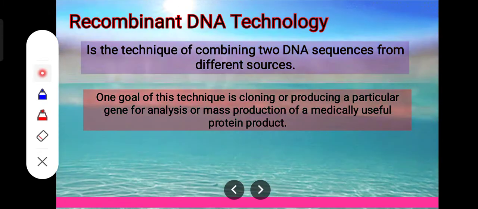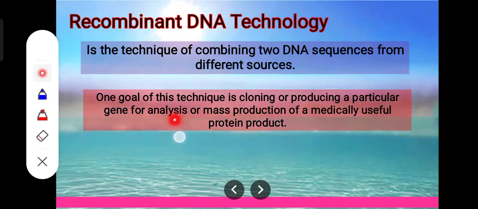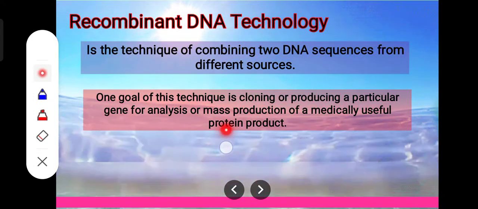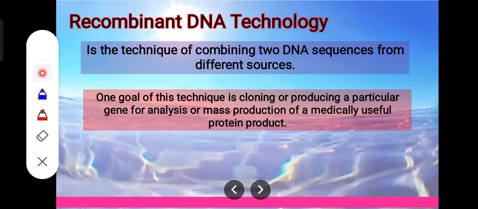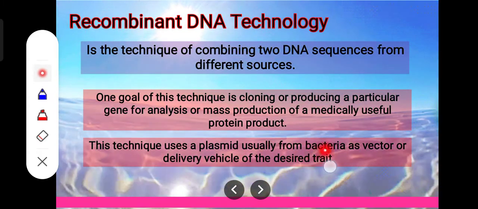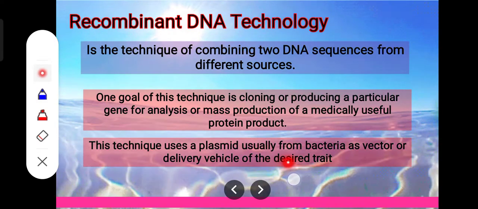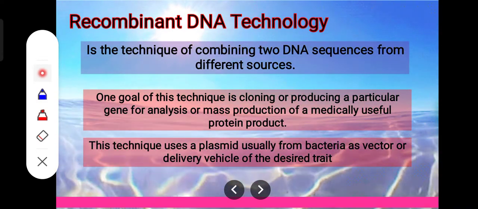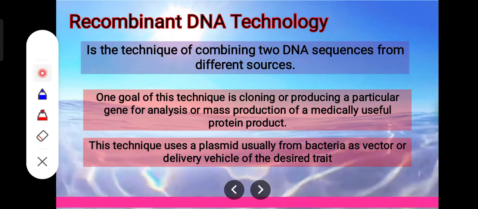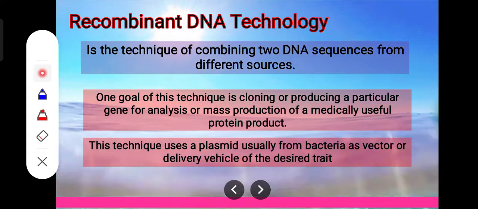One goal of this technique is cloning, or producing a particular gene for analysis or mass production of a medically useful protein product. This technique uses a plasmid, usually from bacteria, as a vector or delivery vehicle of the desired trait. For example, if you are diabetic, you are dependent on insulin. So, where do they get insulin?